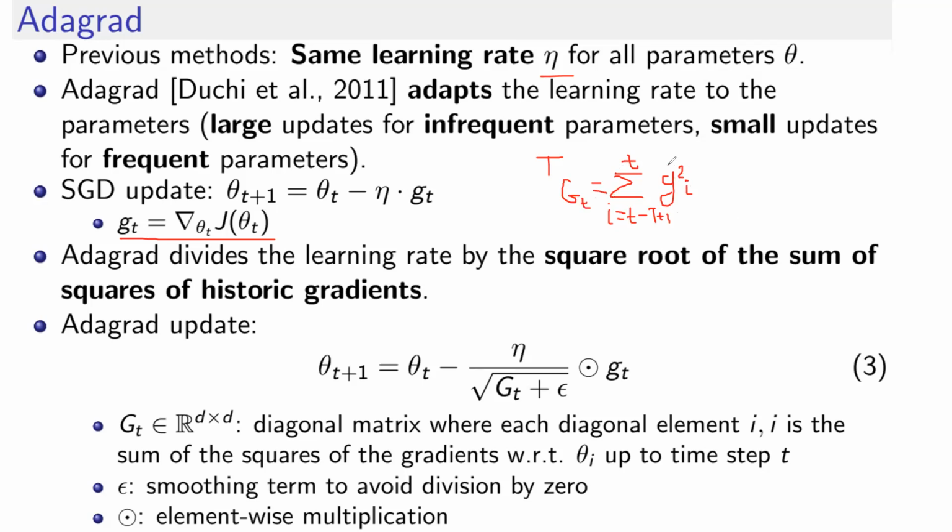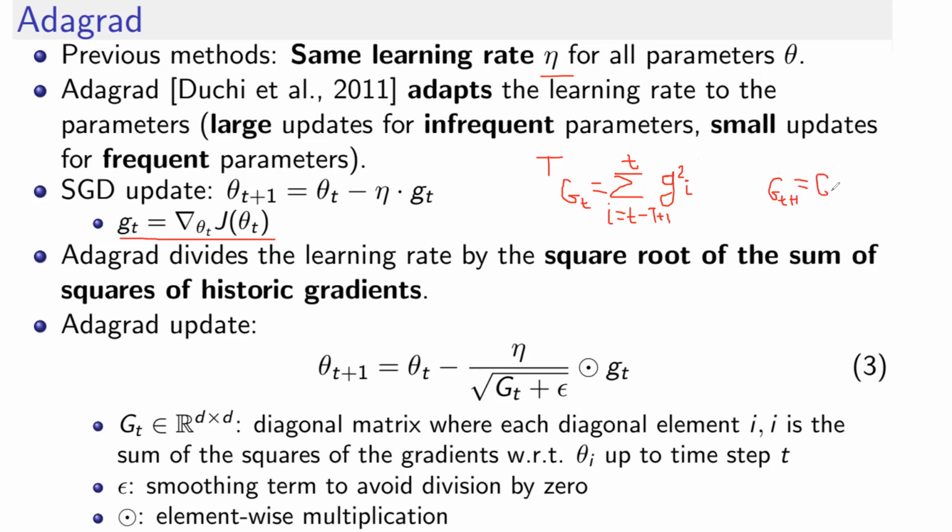So what is the square of the gradient? You take each component of the gradient and square it. You don't sum them up, so it's still a vector. So we calculate this G function, which depends on time t, because as t changes, we also update this. You can easily update it. For example, if I want G_{t+1}, I don't calculate the whole sum.